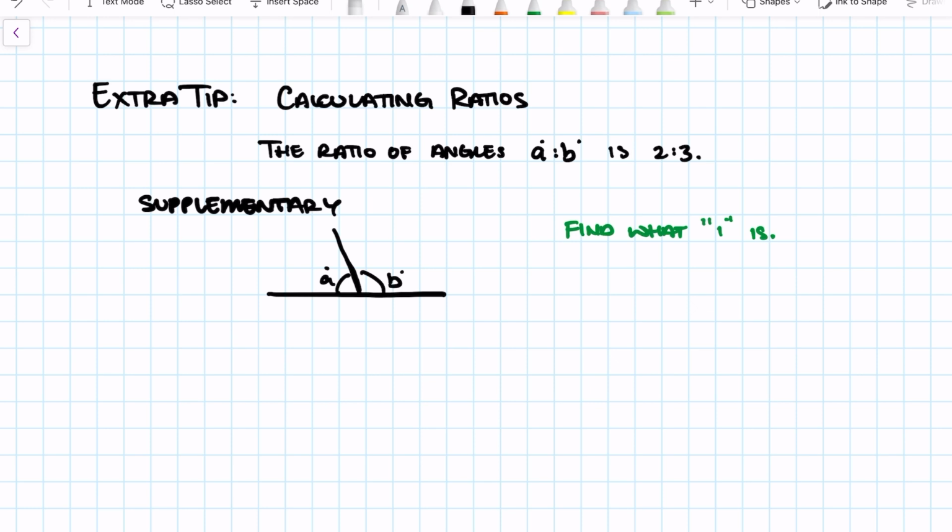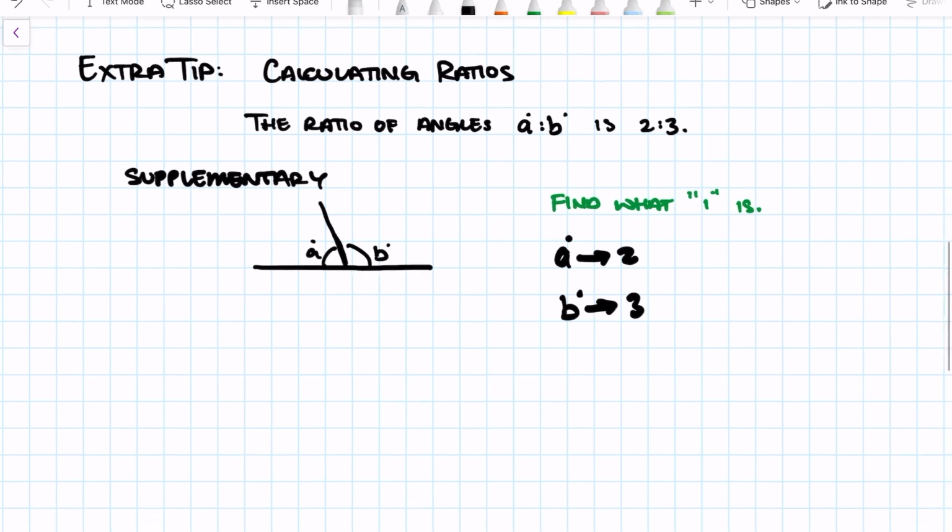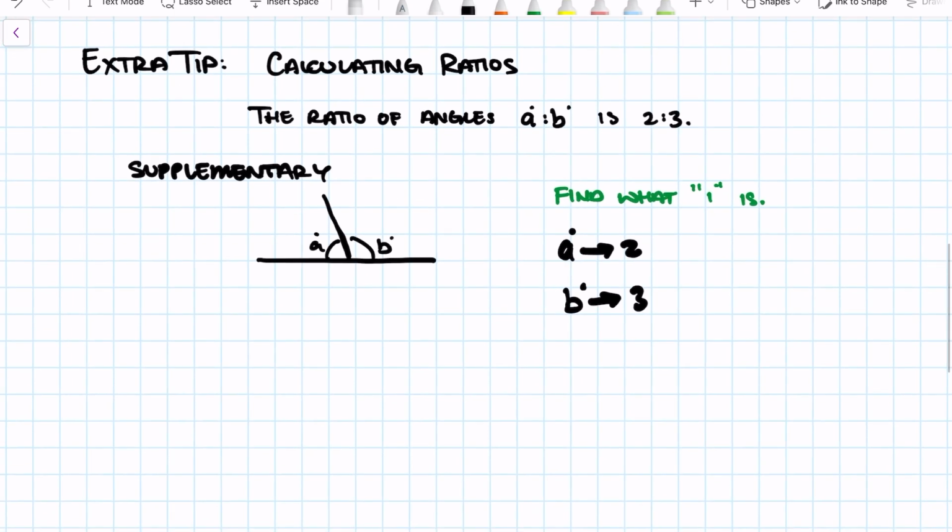So just to clarify as well, A will then be the 2 and angle B will then be the 3, okay? So whatever 1 is, A is going to be twice that amount, B is going to be 3 times that amount. Now, let's start by looking at all the parts first.